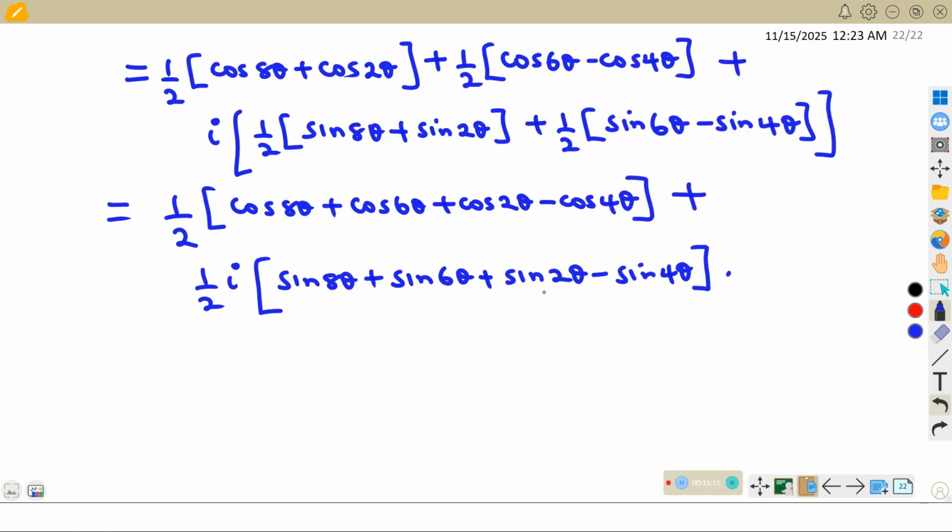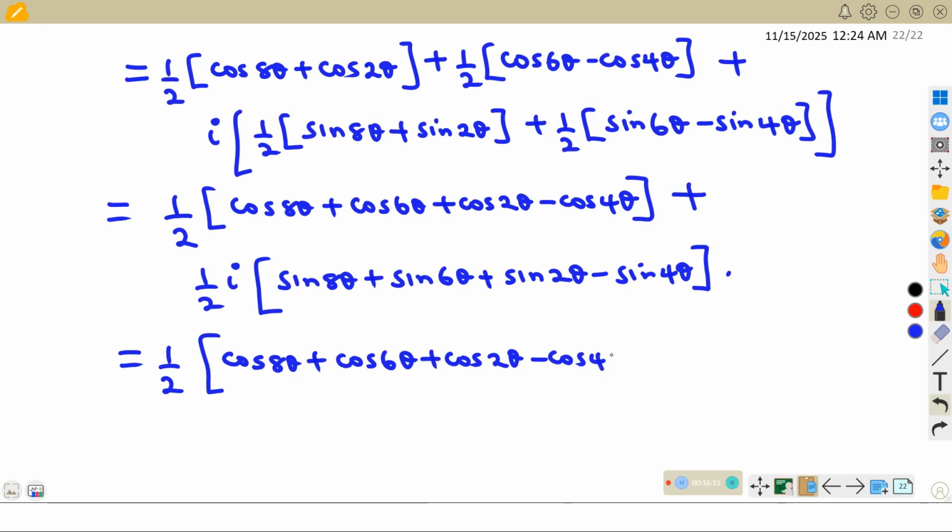And basically that will be our answer. So this can be finally written as a half into a cos of 8 theta plus cos of 6 theta plus cos of 2 theta minus cos of 4 theta plus i into a sine of 8 theta plus sine of 6 theta plus sine of 2 theta minus sine of 4 theta.